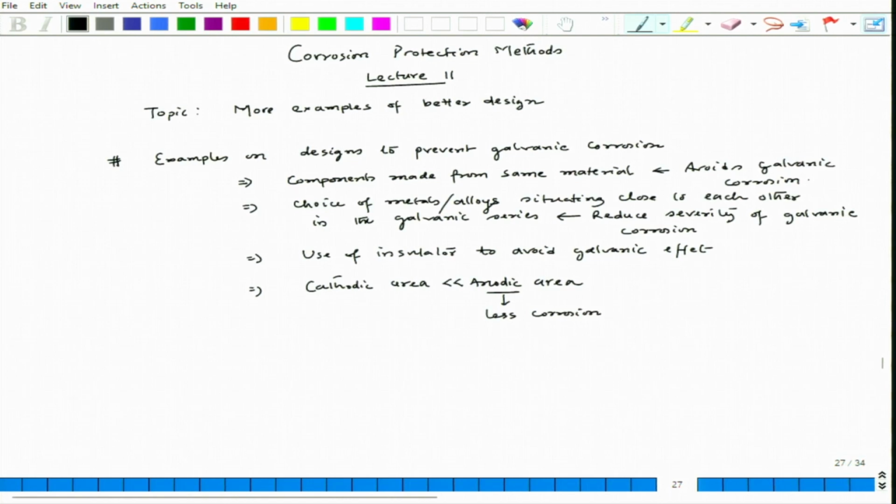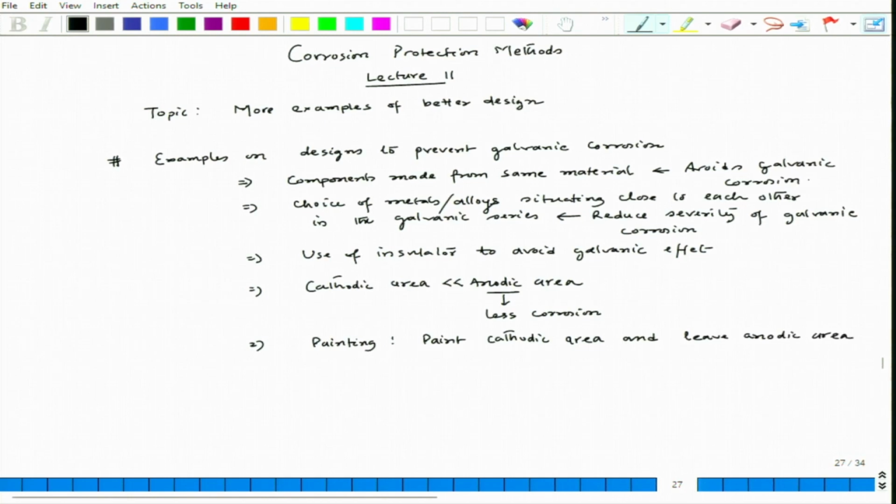Then the anodic part will have less corrosion. If we cannot ensure that, we should use painting, and the thumb rule is to paint the cathodic area and, if needed, leave the anodic area.